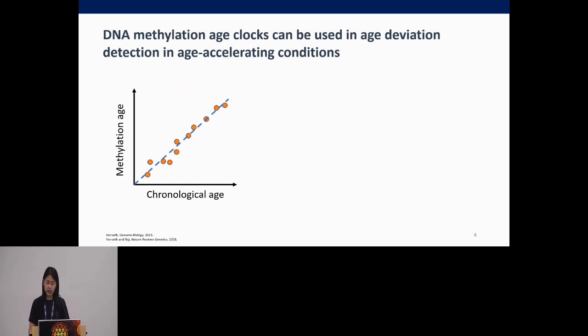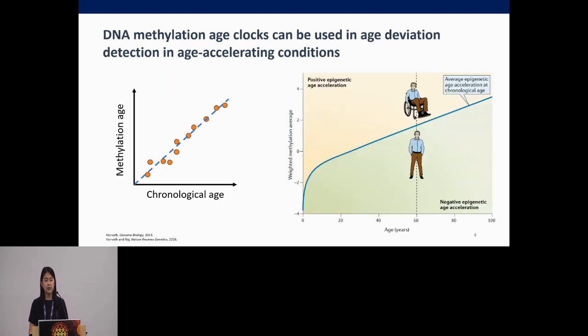With this strong relationship, there is an interesting application where the deviation of the predicted age from the chronological age can be looked at. Depending on the conditions of the person, there could be an age-accelerating or age-decelerating condition, which is interesting to see just by looking at the methylation levels.